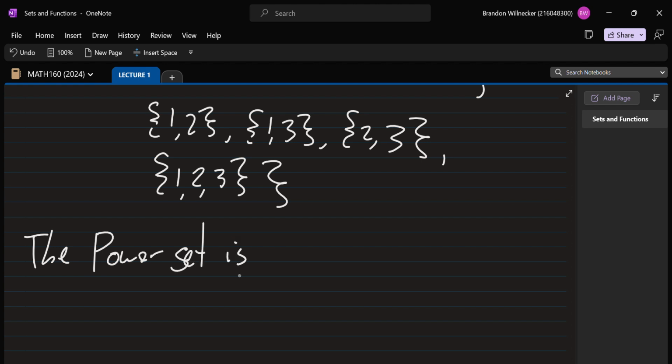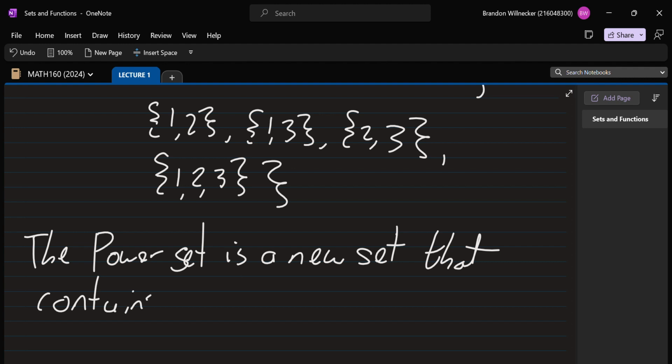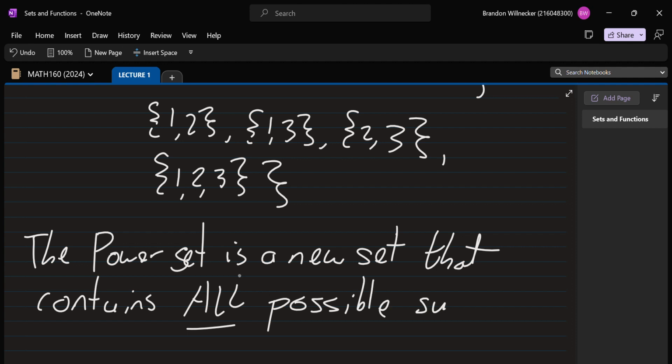So the power set is a new set that contains all possible subsets. What's a subset? Given a set, we construct a new set containing some or all of the elements from the original set.